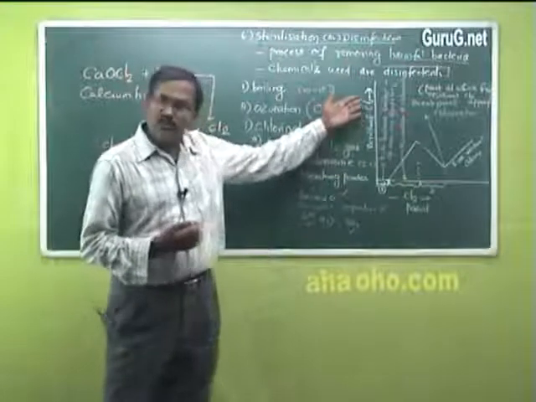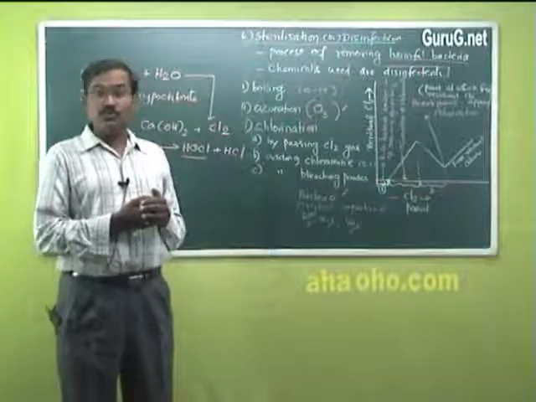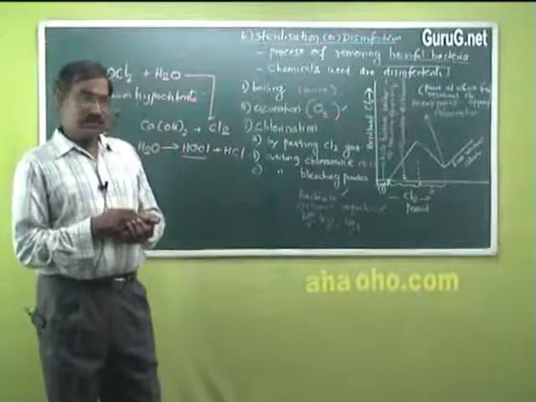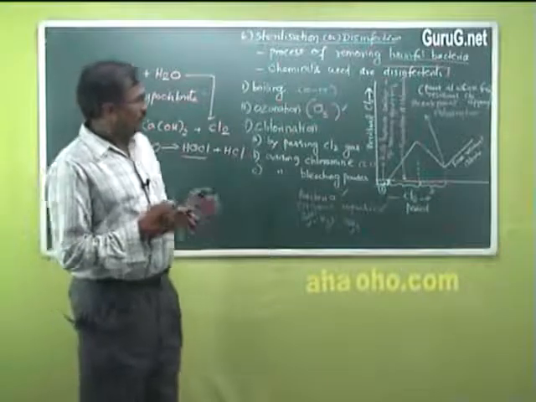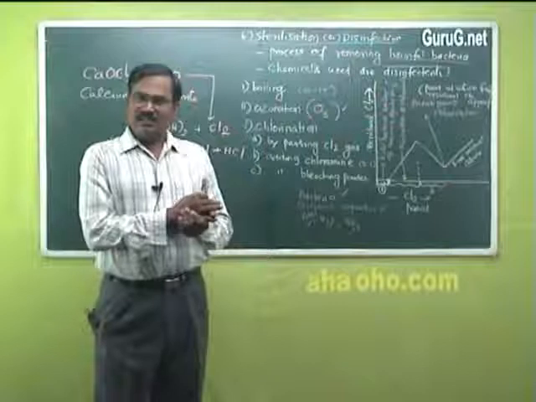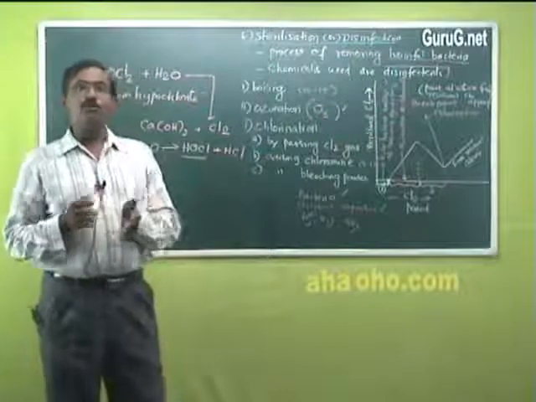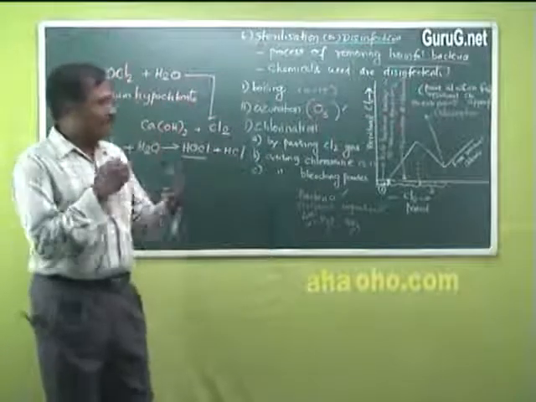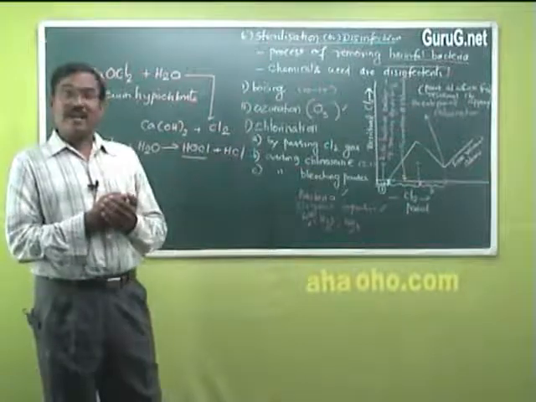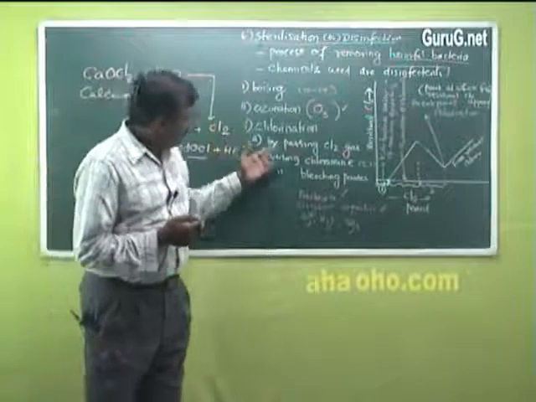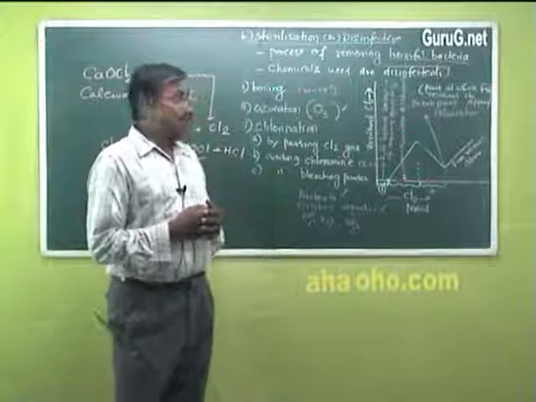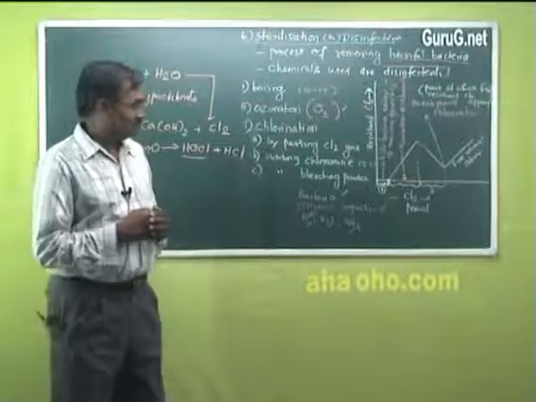That's Cl2. Residual means the elemental chlorine Cl2, not chloride. So how much chlorine do we have to pass? Of course, that is decided by the pollution load. By analyzing various physico-chemical parameters, we decide how much chlorine we have to pass.